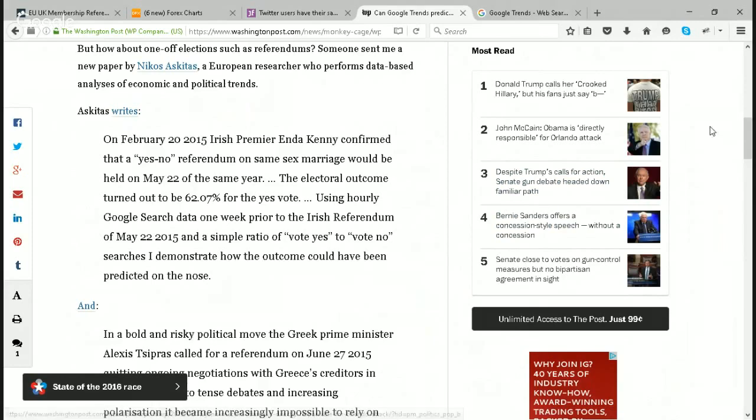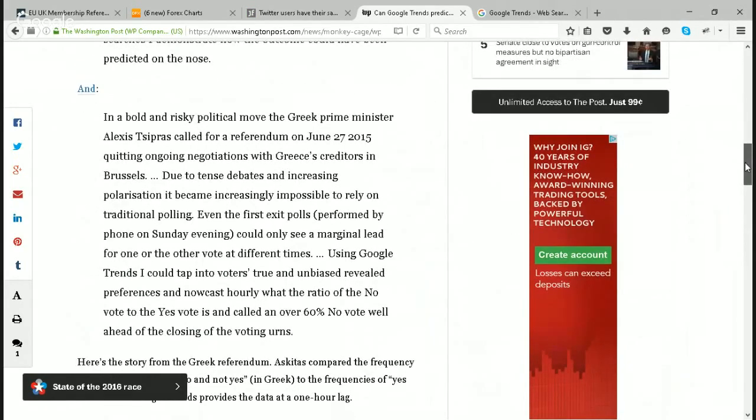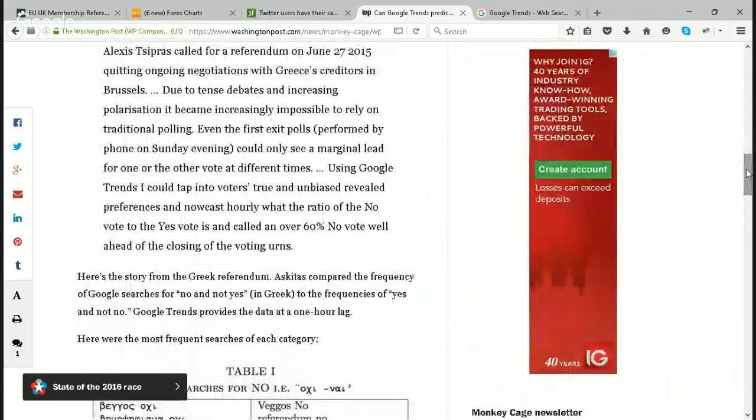And also there's a referendum in Greece that was correctly predicted using Google. I think that the British election was correctly called using Google as well. So basically, Google Trends seems to be a very good, the best I'm aware of, gauge of what is going to happen.